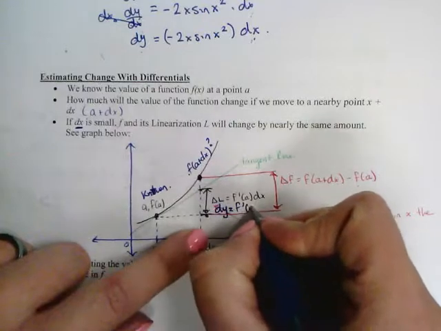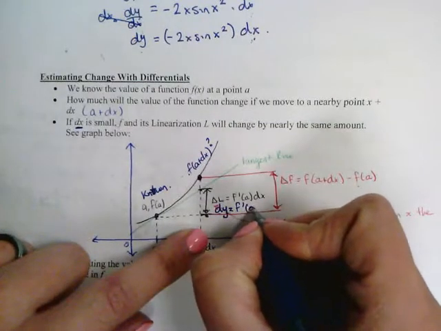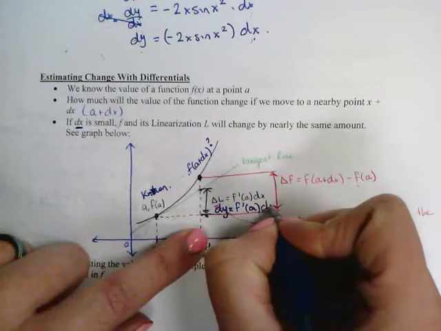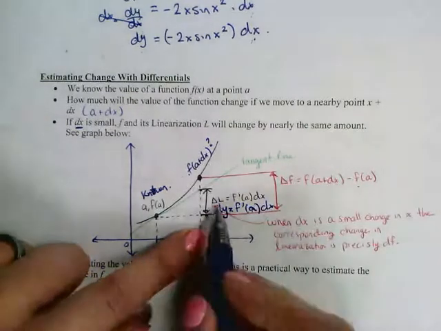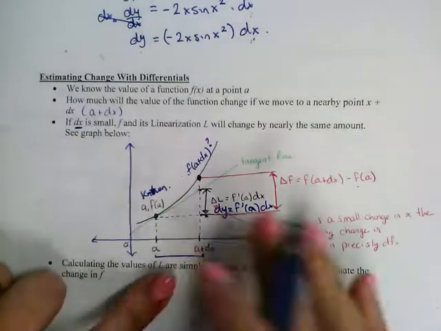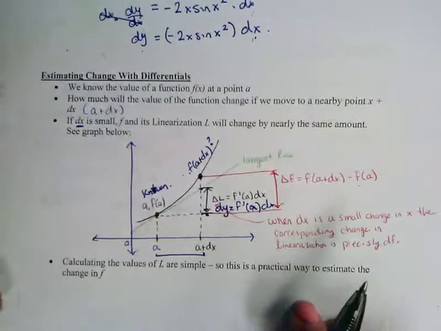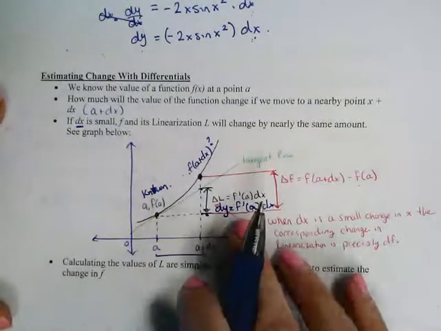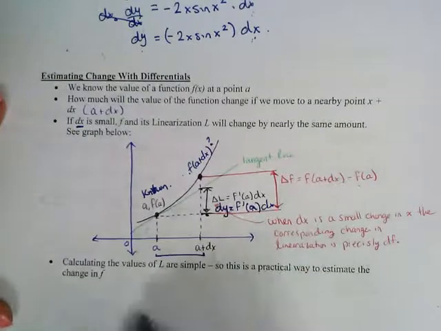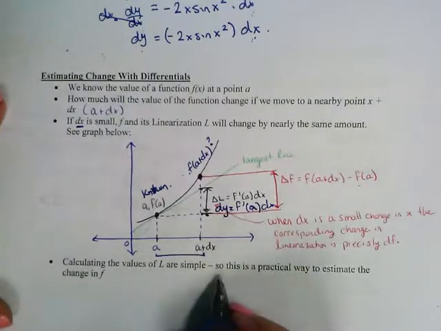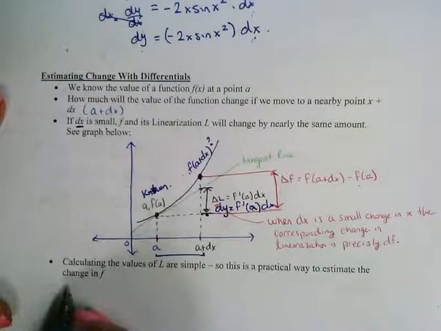It's f prime of x times dx at a. So this is what the video was explaining. If you're having an issue understanding this, just rewatch that video. Calculating the values of L is simple, so this is a practical way to estimate the change in f.